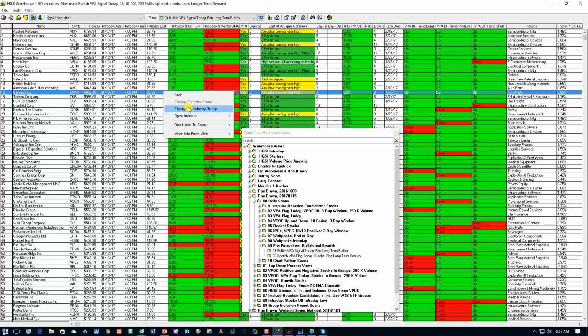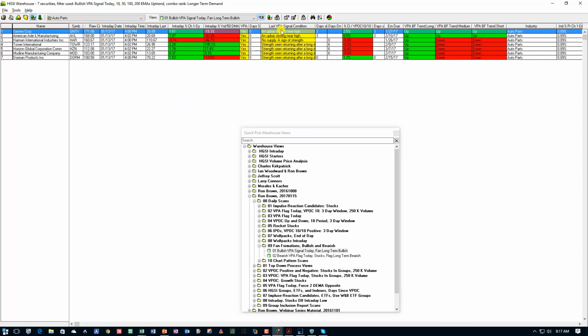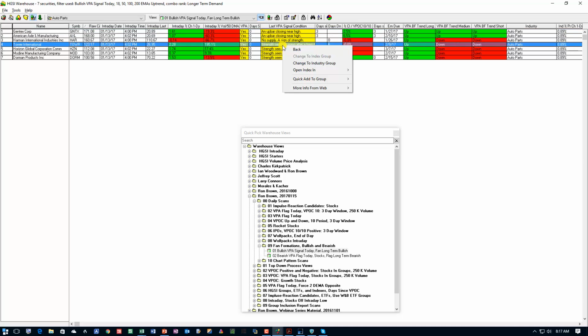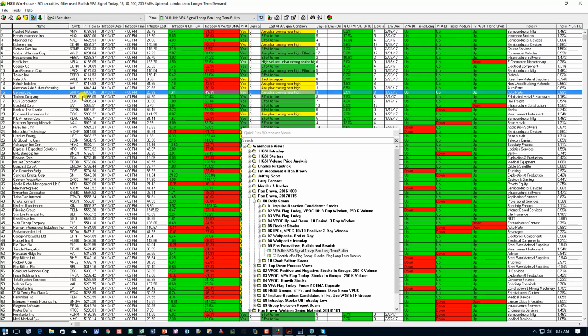Now I can right mouse click, change to the industry group, and what this does is it isolates all of the auto parts stocks which are meeting their requirements for today. This 0 here is the days since the last VPA signal, and all of these are generating signals today. So it tells me that the group is having broad participation.